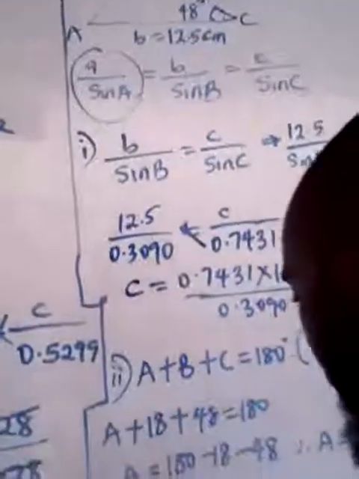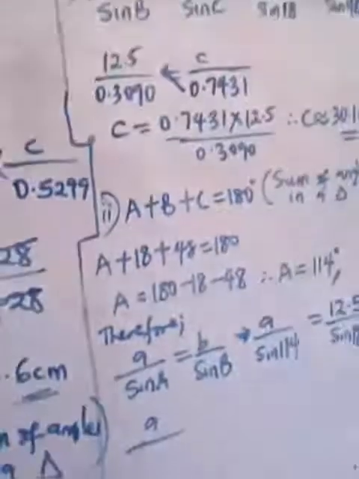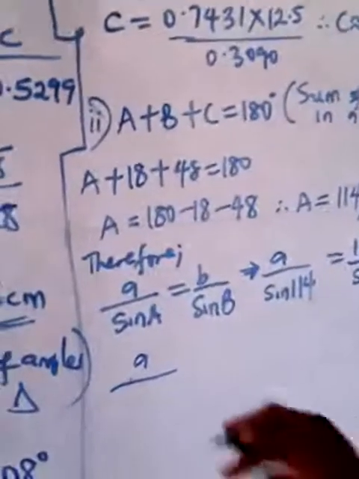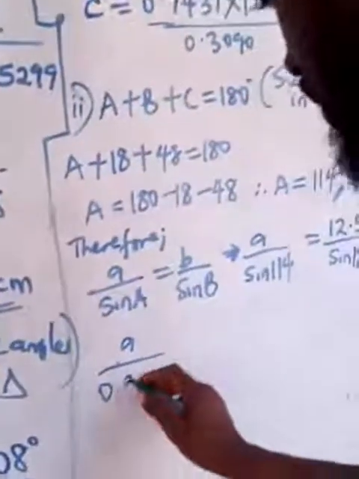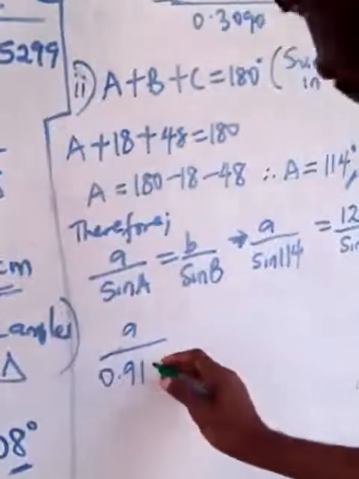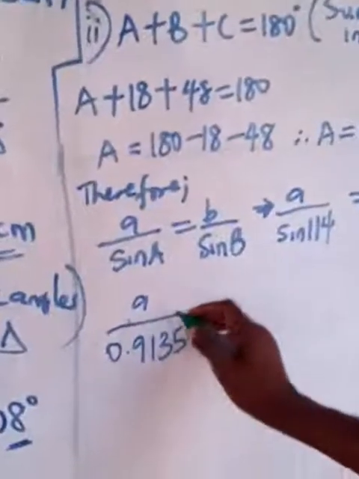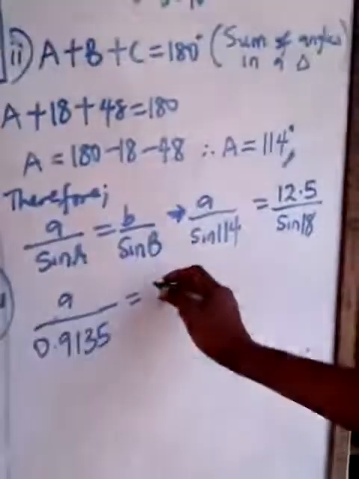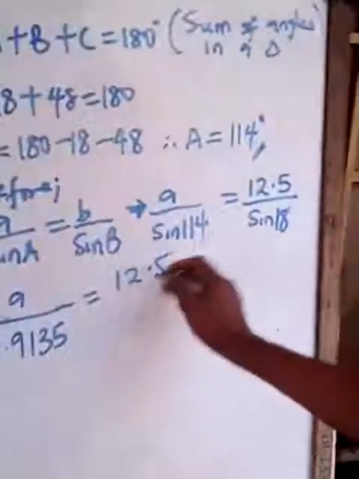Sine 114 is 0.9135. Remember to 4 decimal places. So 0.9135 is equal to 12.5 over sine 18.